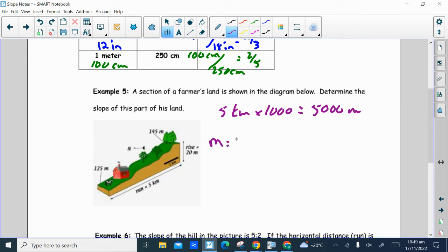So m, the slope, which is the rise over the run, will be 20 meters over 5,000 meters. There's some other measurements that are given there, but we don't need them. All we need is the rise and the run.